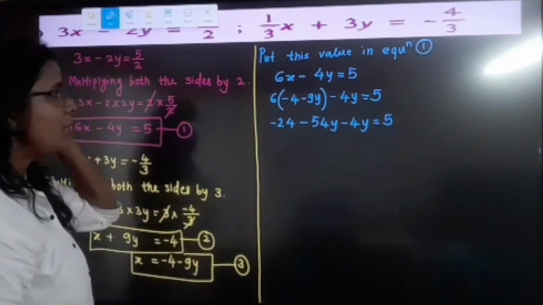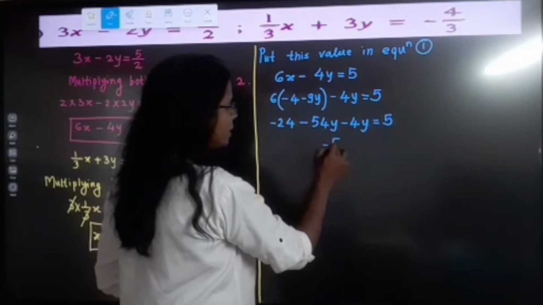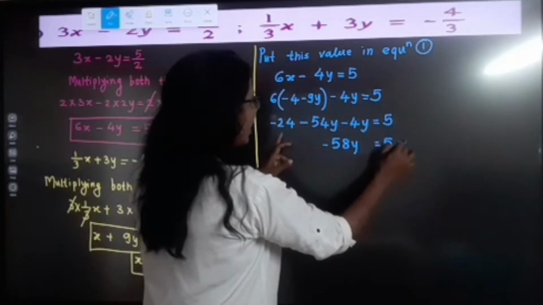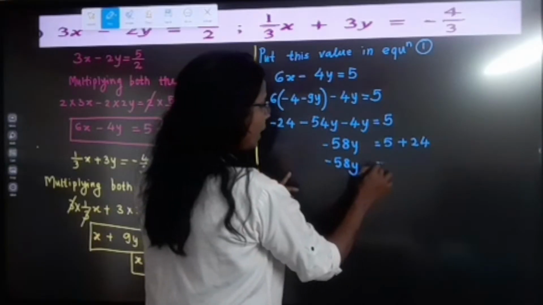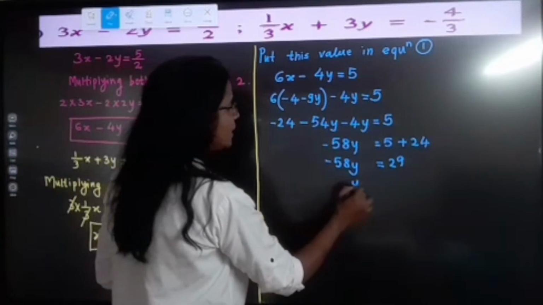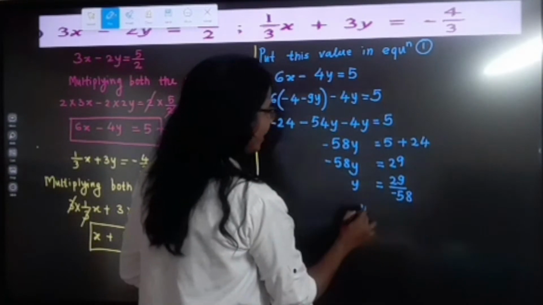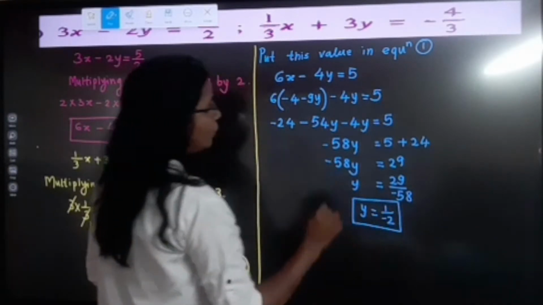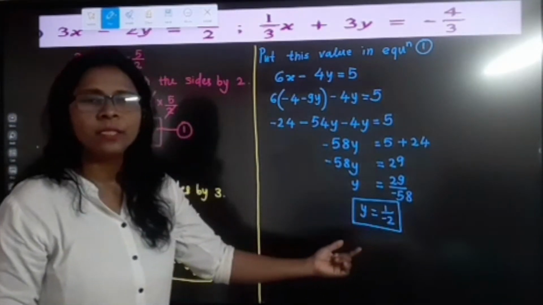Okay students, now minus 54y and minus 4y, that means minus 58y, is equal to 5 plus 24. So minus 58y is equal to 29. So y is equal to 29 upon minus 58. So y is equal to 1 upon minus 2. Okay students, so I got the value of y as minus 1 upon 2.